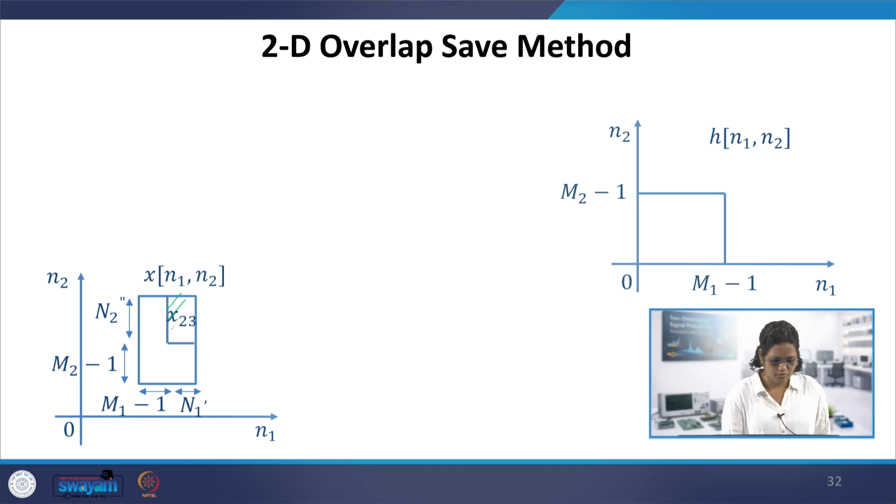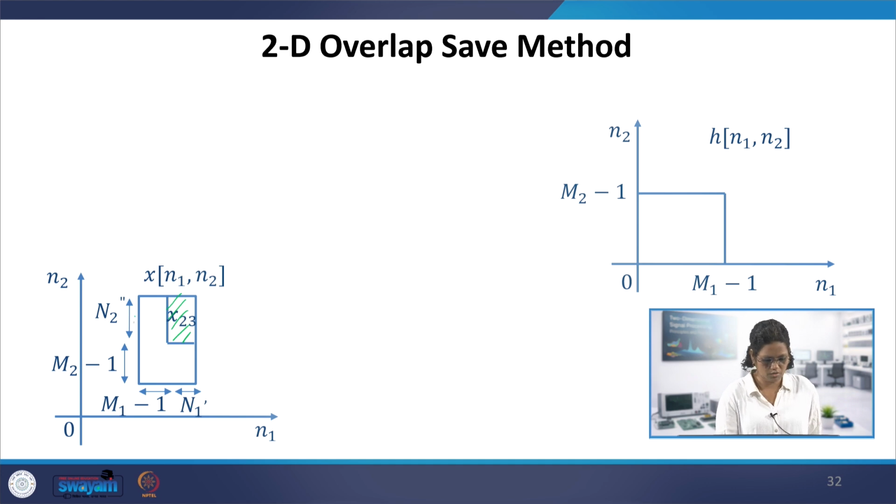Suppose we take this piece x23 and append it with m1 minus 1 zeros and m2 minus 1 zeros, and make this piece of image of size n1 dash by n2 dash, extending it as we did in the overlap save method.